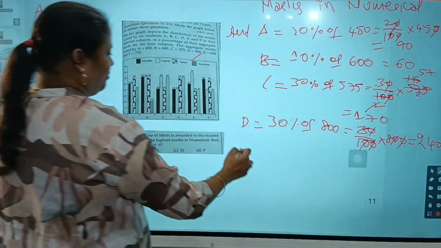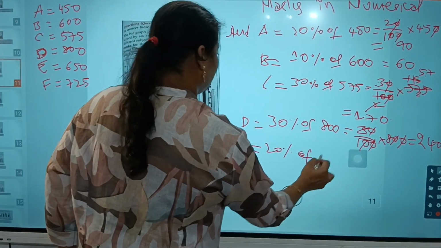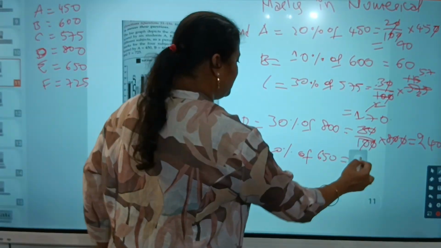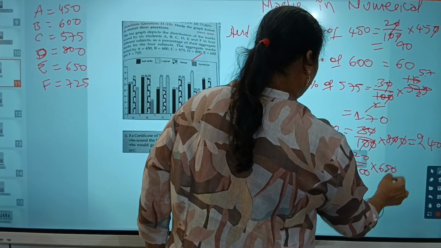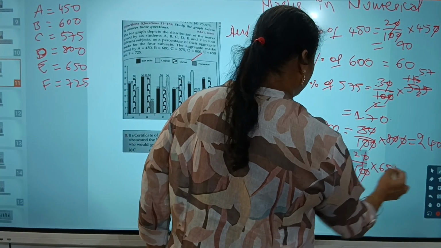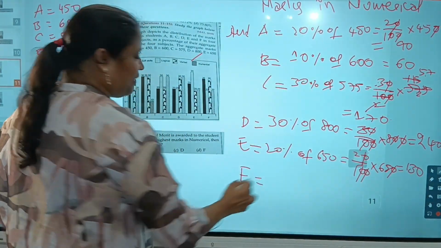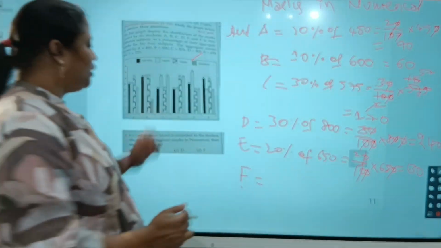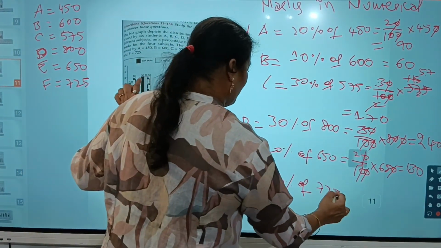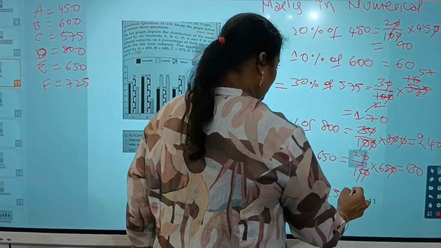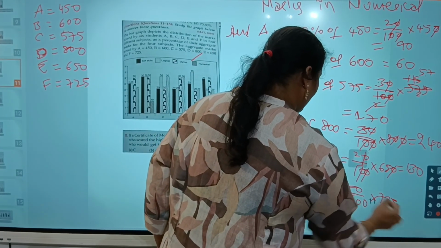For E, it is 20% of 650, means 20 by 100 into 650. 0, 0 cancel, 130. So for student F, it is 20% of 725. 20 by 100 into 725.